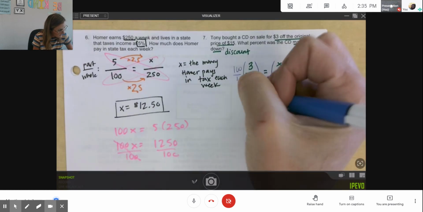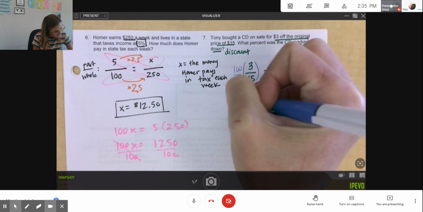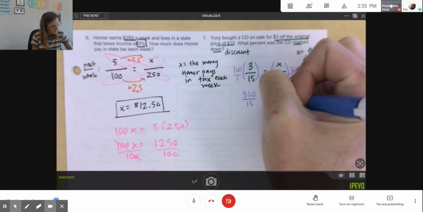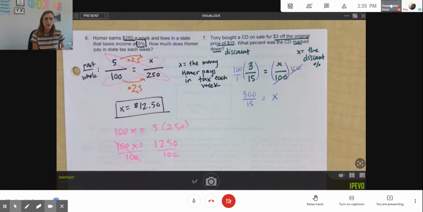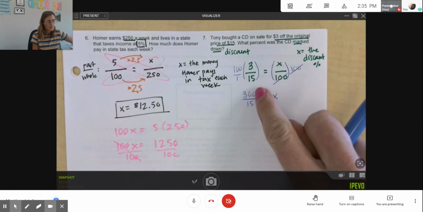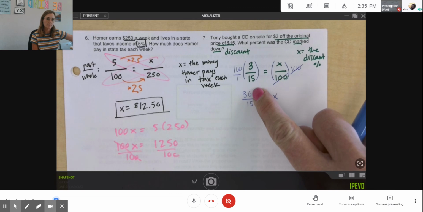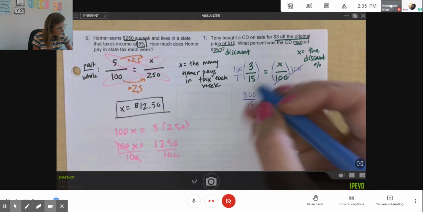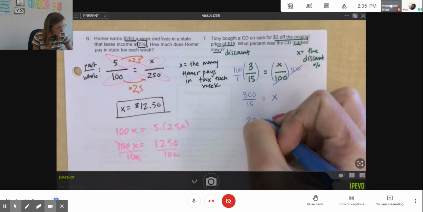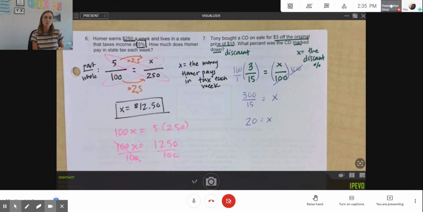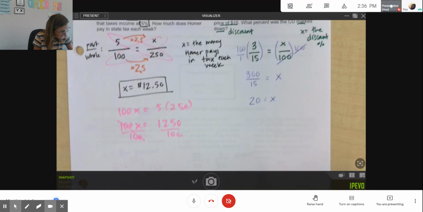So this would be 300 divided by 15 is equal to X. I think about how many times does 15 go into 30? Or what's 30 divided by 15? That would be 2, but I have one more 0. So X is equal to 20. So the CD was marked down 20%.